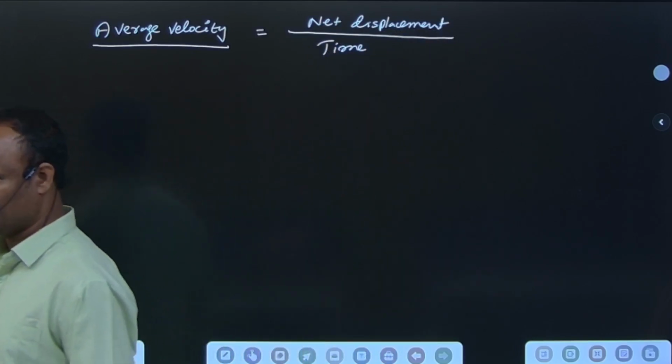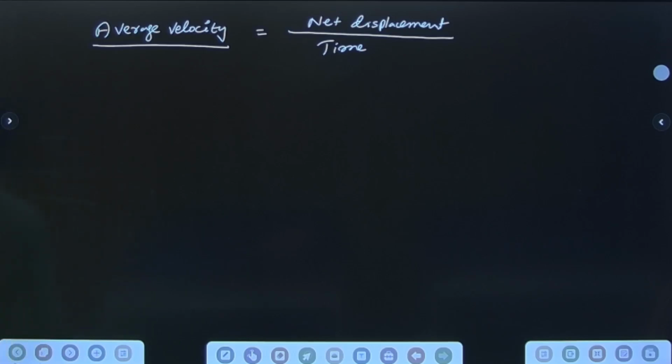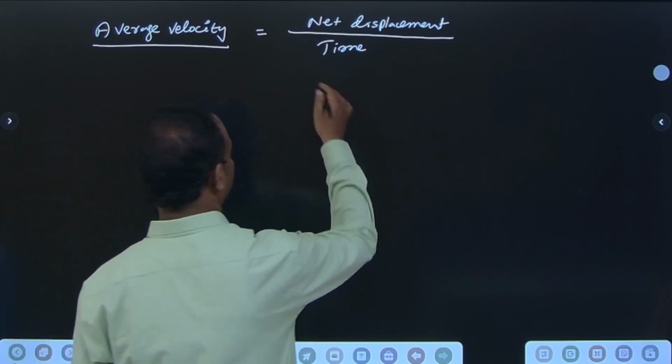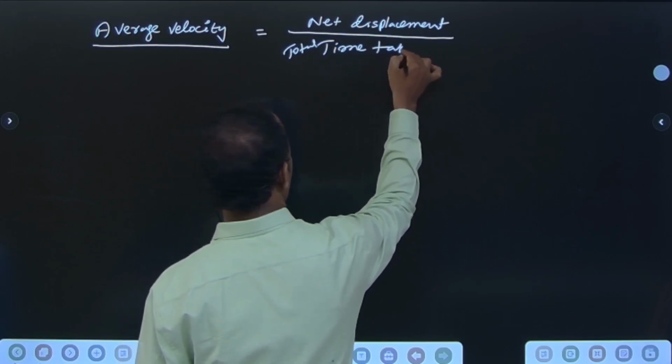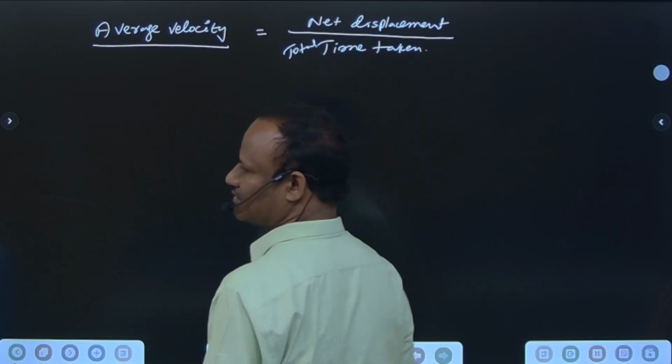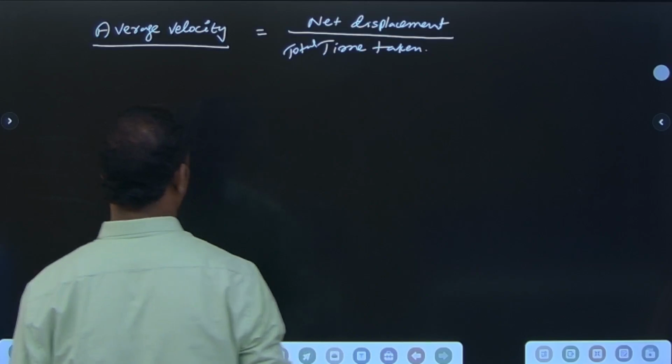Time taken means the total time taken, so average velocity is net displacement by total time taken.